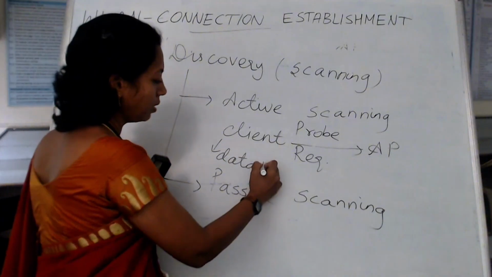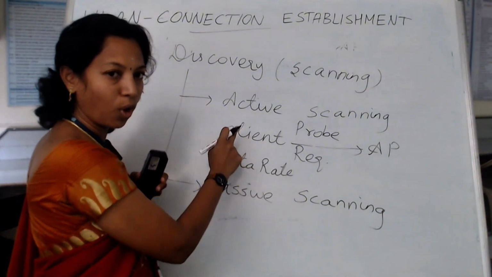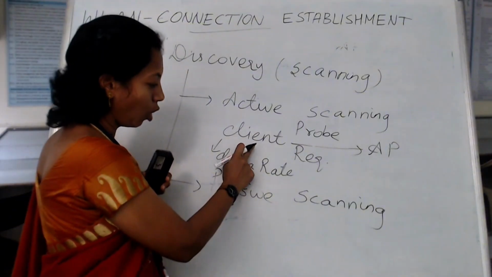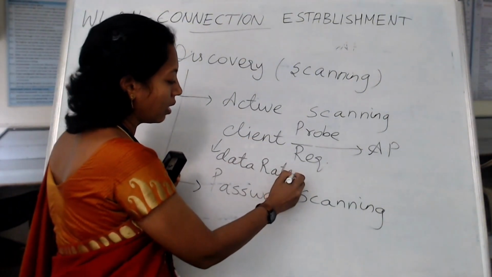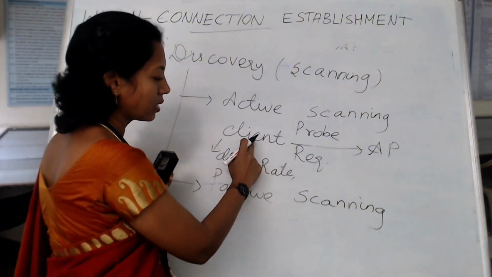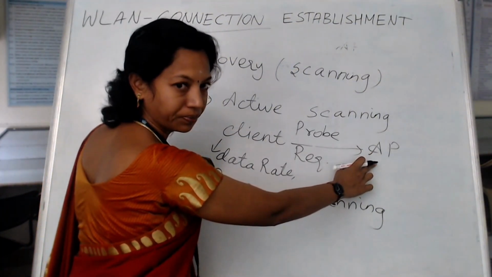For example, if it is a laptop, at what data rate it can operate. That data rate and the additional information of this laptop will be sent to the access point.